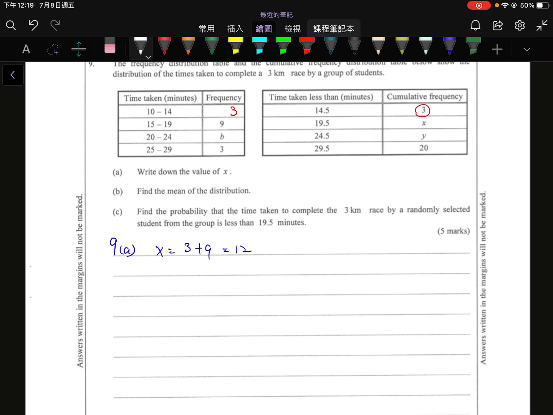In the frequency table on the left-hand side, three rows out of four are known. So B should be equal to 20, the total number, minus the other three groups, which means 3, 9 and another 3. So B should be equal to 20 minus 3, 9 and 3, and eventually B equals 5.